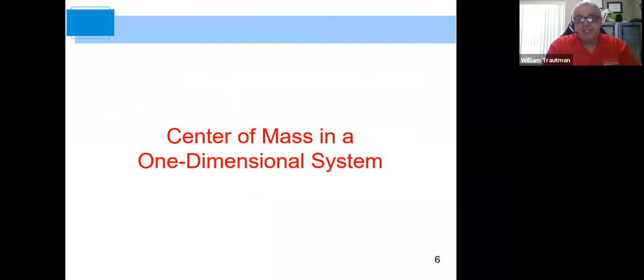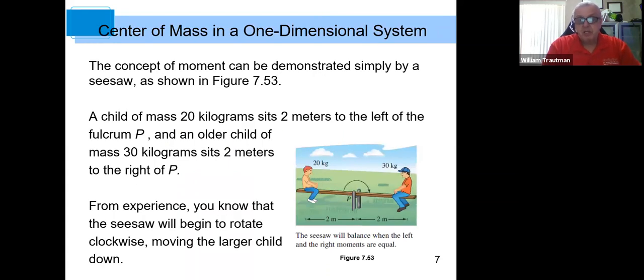So let's look at the center of mass in a one-dimensional system. Basically, if you have a teeter-totter, and we're looking at this, this side of the teeter-totter is 2 meters, which is about 6 feet. This side of the teeter-totter is 2 meters.